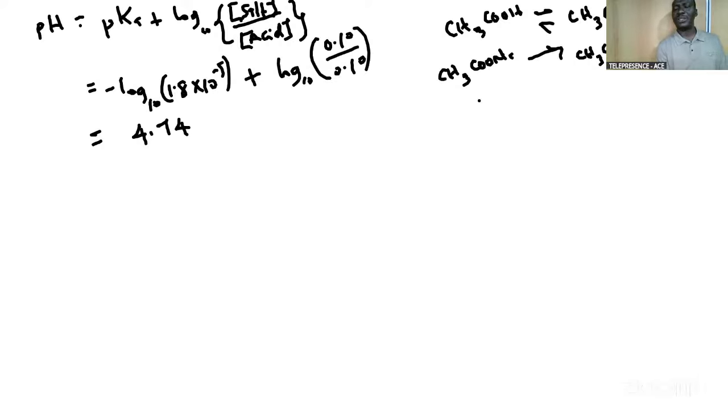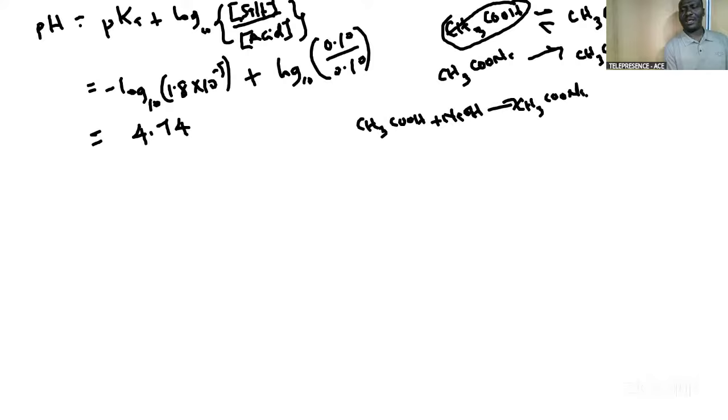Now this is what you have. So you are now adding sodium hydroxide. Of course, sodium hydroxide will react with acetic acid. So what you're going to have is CH3COOH plus sodium hydroxide to give you CH3COONa plus water.